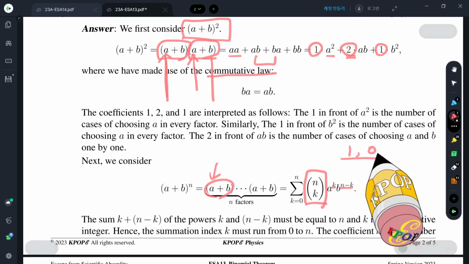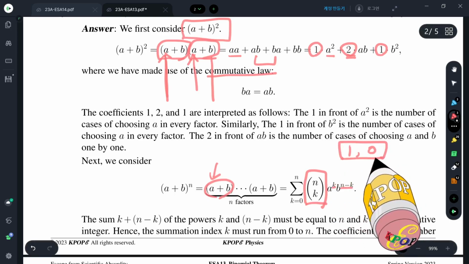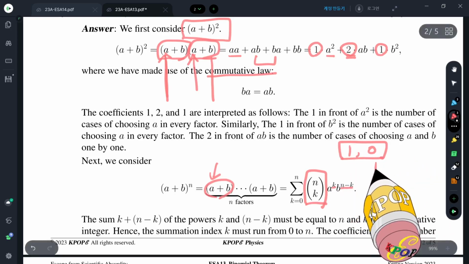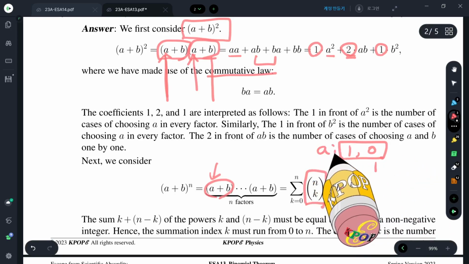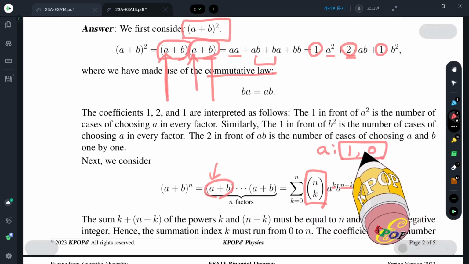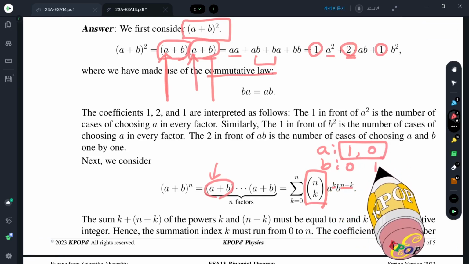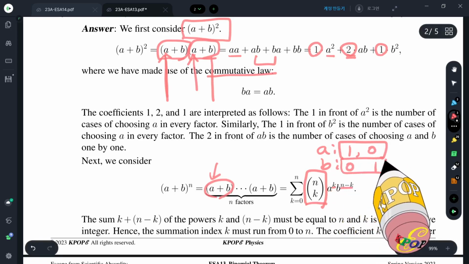Choose or not to choose. Choosing A, yes or no. Choosing B, if it is yes, it should be no. If it is no, it should be yes.